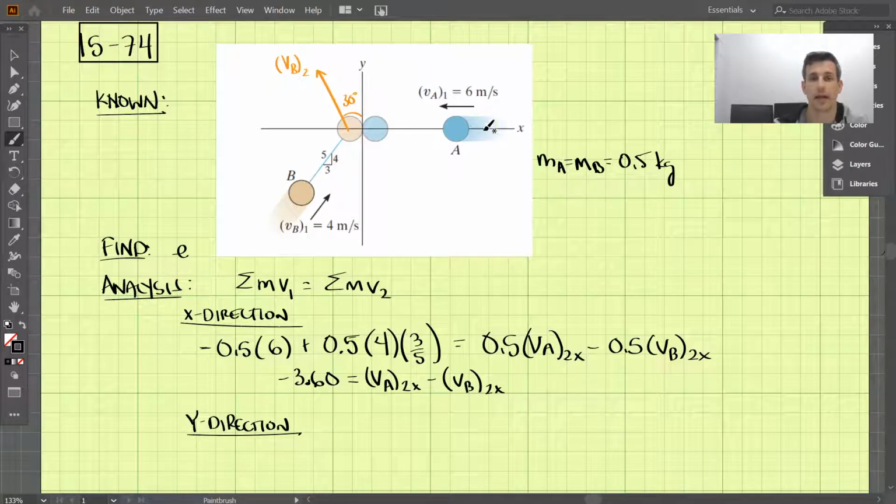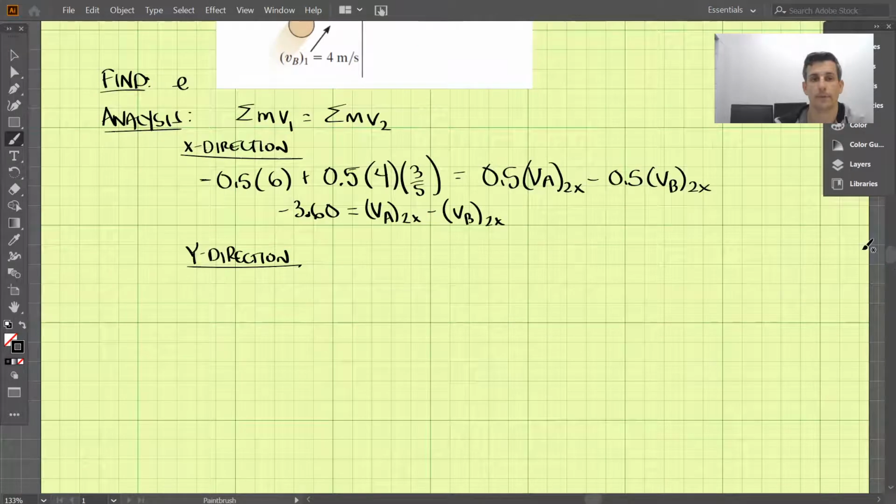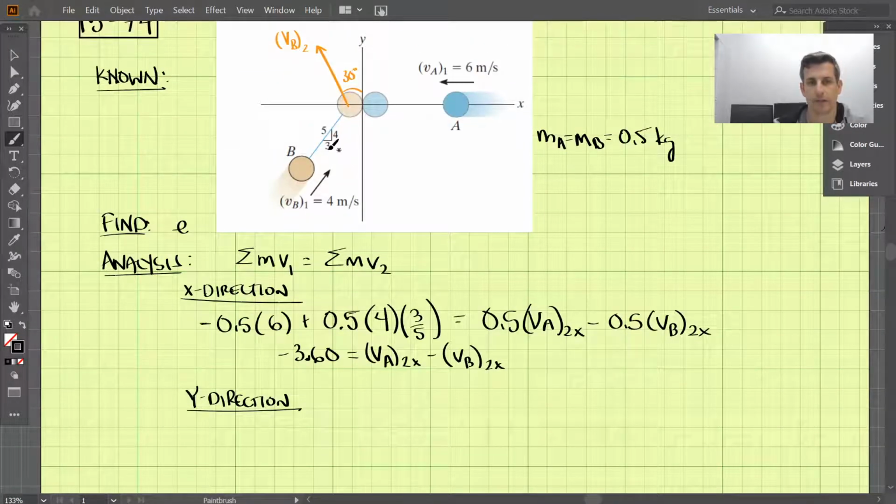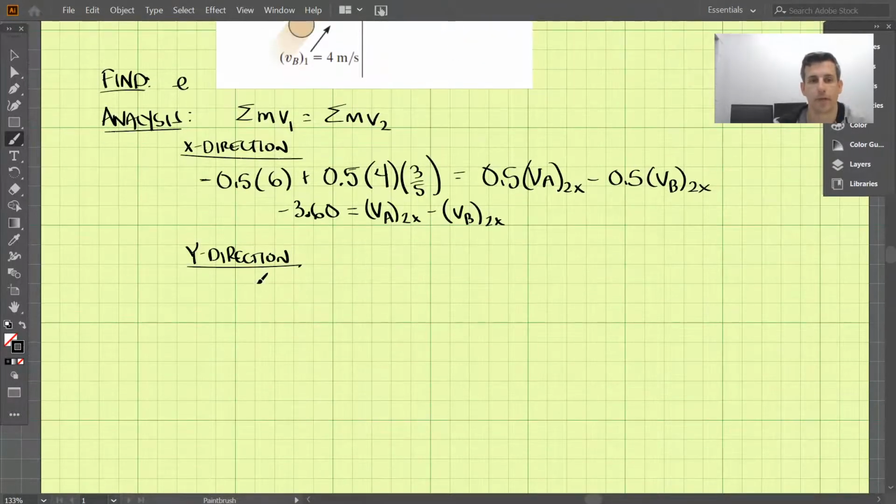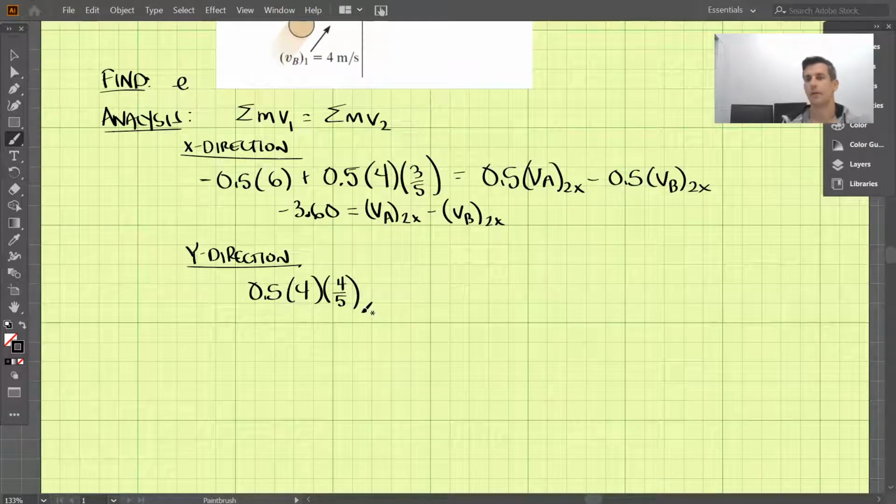So we can neglect A for this, and we only need to do the conservation of momentum for B. Prior to impact, we have a velocity in the y direction, which is 4/5 of 4 meters per second. So we have 0.5 times 4 times 4/5.